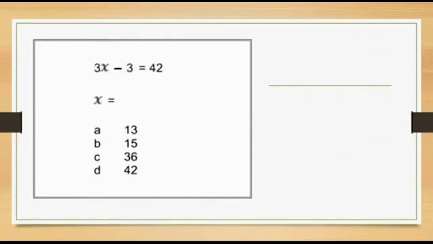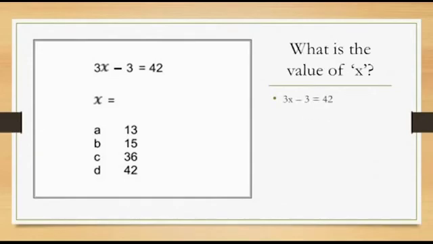Next equation here. 3x subtract 3 equals 42. What is the value of x that makes this equation true? All right. So first, 3 is being subtracted. We're going to undo that by adding it back. So negative 3 plus 3 would give you 0. 42 plus 3 gives you 45.